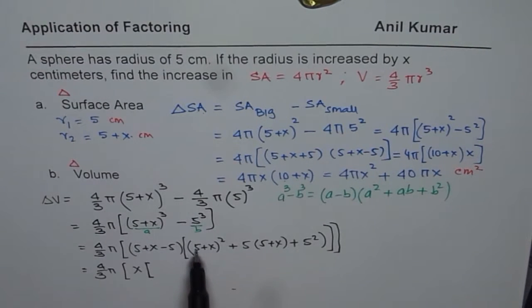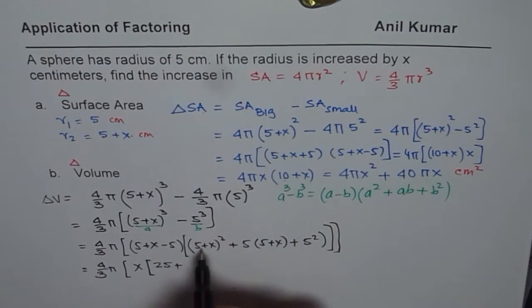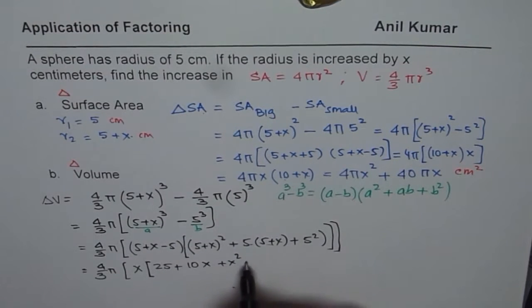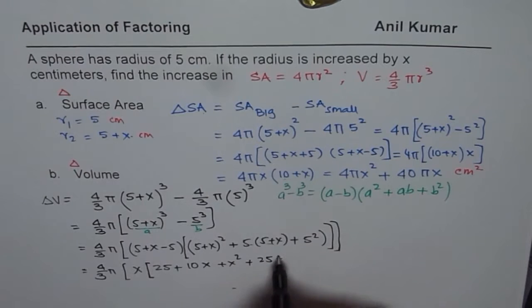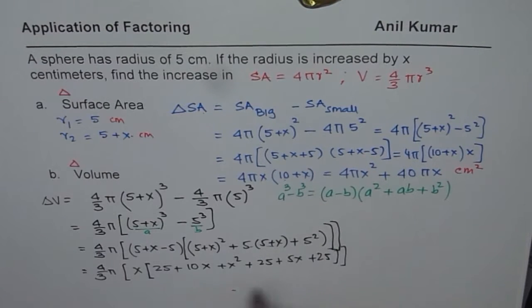So we get (5 plus x) whole square, which is 5 square, which is 25, plus 2ab, that means 10x, plus x squared. Let's open this: 5 times 5 is 25 plus 5x, plus 25. Now you can combine the like terms.